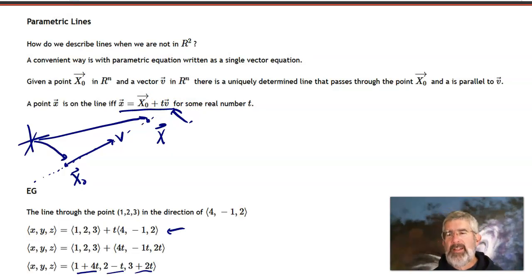It's curious that in the textbook that we use for this class, they state this as a theorem. They say that if you have something that looks like this, you're describing a line, and if you want to describe a line, you would use something like this, that it's a theorem in R2 and R3. And then, in the very next paragraph, they make a definition so that they say in Rn, we can describe a line by doing this.